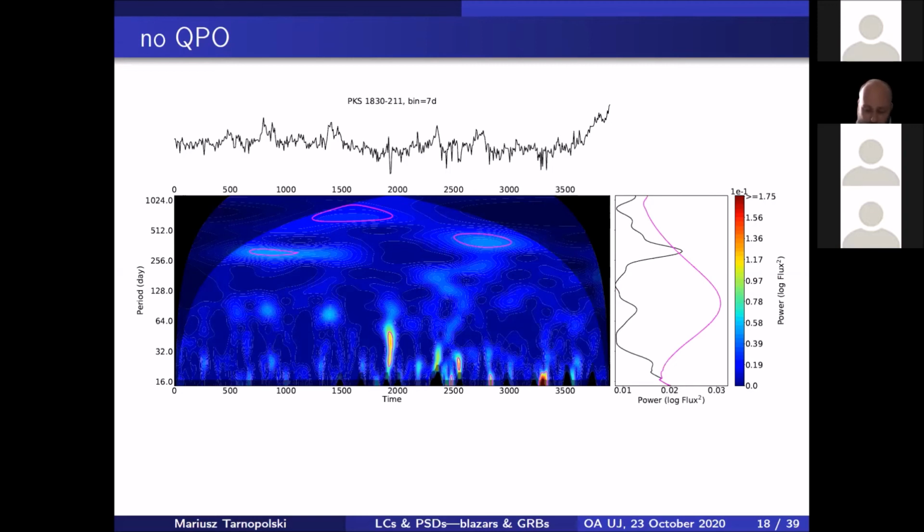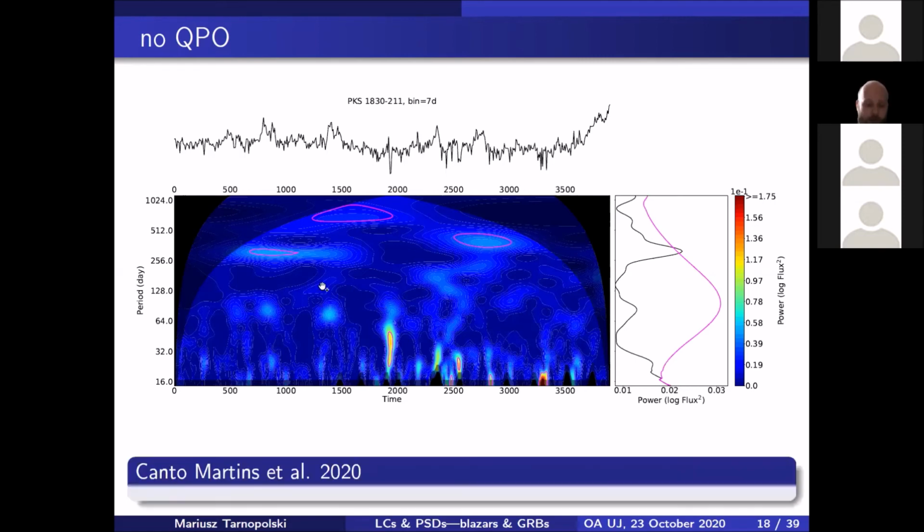And recently, the importance of utilizing various methods for assessing the PSDs, compared with the stochastic analysis and a visual inspection of the light curves in question, was also pointed out. And fortunately, a rigorous use of wavelets is being advocated.